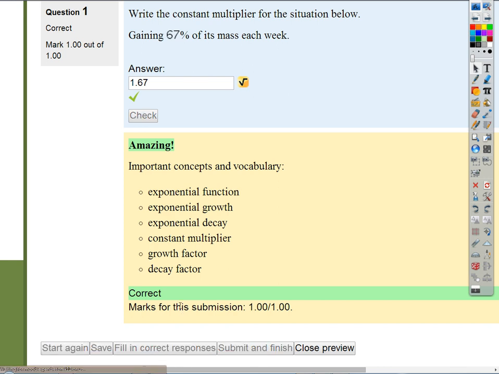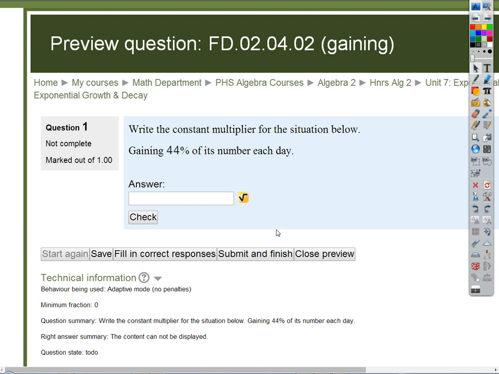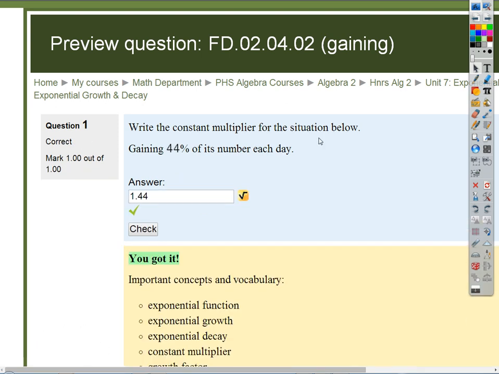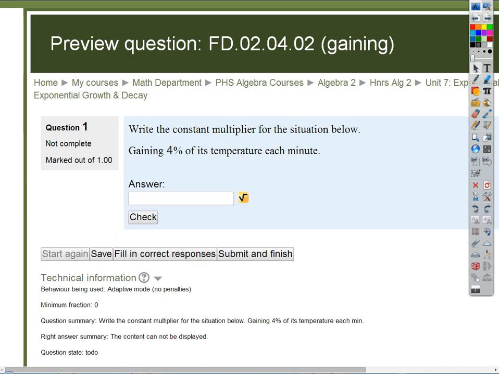Okay, what's this? Gaining 44%. Okay, what's that? 1.04.